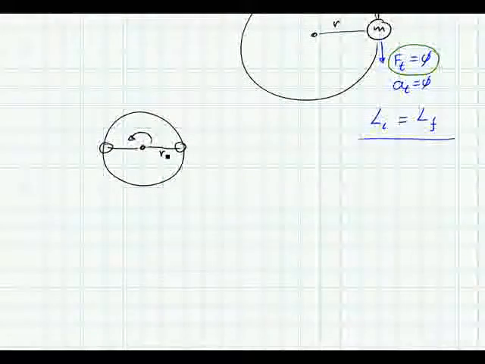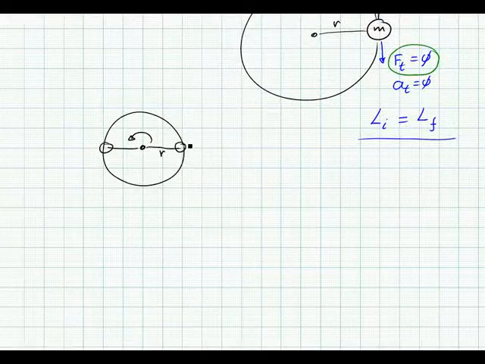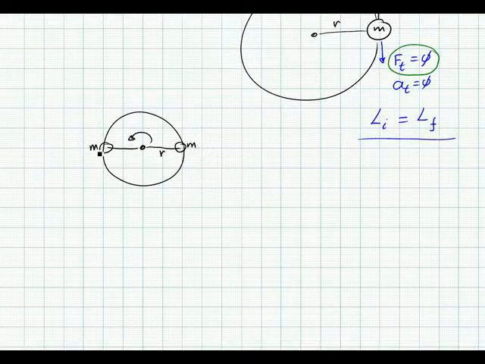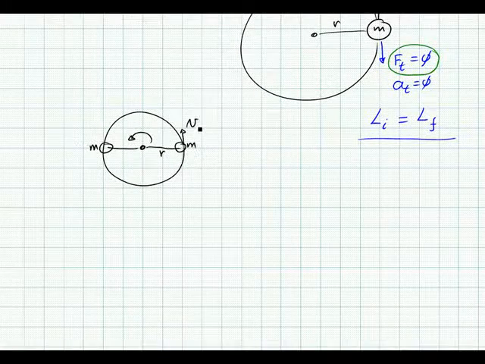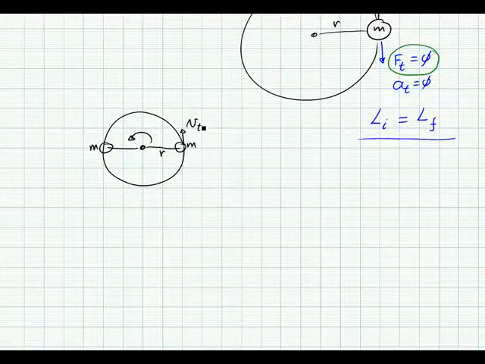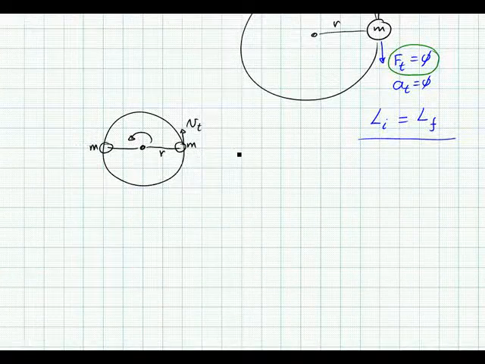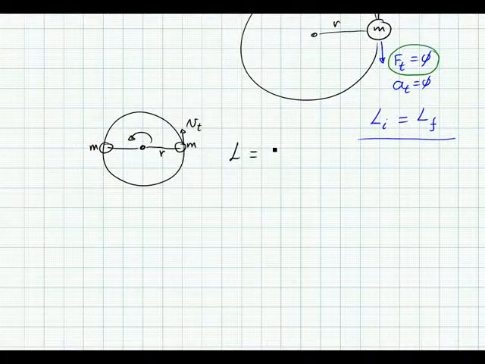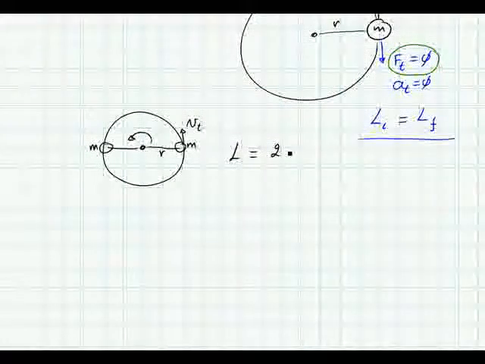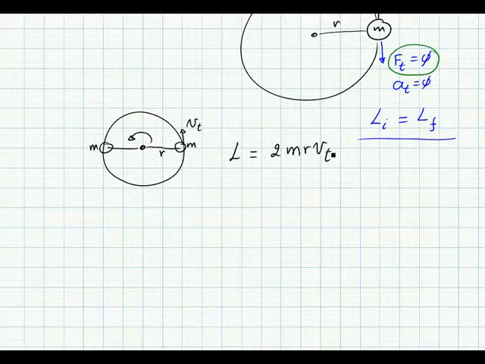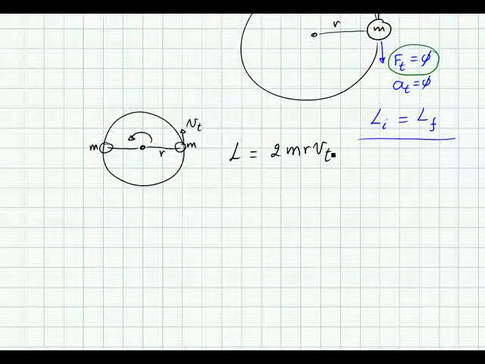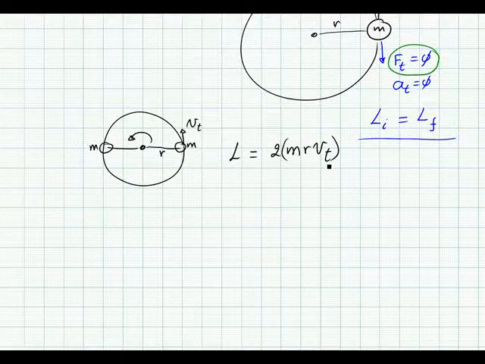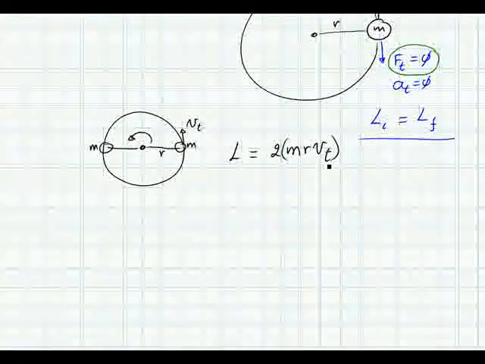This is radius r, and let's say she's holding two weights of m and m on each hand, and if the velocity by which she is spinning is v tangential, then her angular momentum is given by the sum of the two angular momenta, which in this case becomes 2mr v tangential, because the angular momentum for each mass is mrvt, and there are two of them, one in each hand.